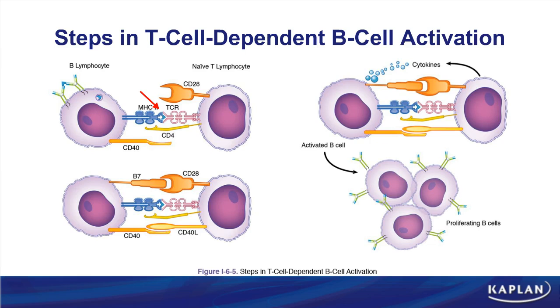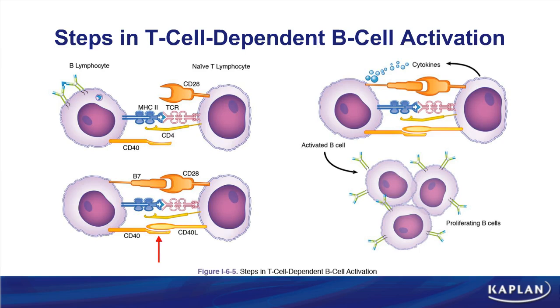We already saw this other interaction when Dr. Ali talked to you about the macrophage-T cell interaction, and that's the B7-CD28 interaction that the T cell really needs to become activated. That's its major co-stimulatory molecule. But what the B cell is really looking for is this CD40-CD40 ligand interaction.